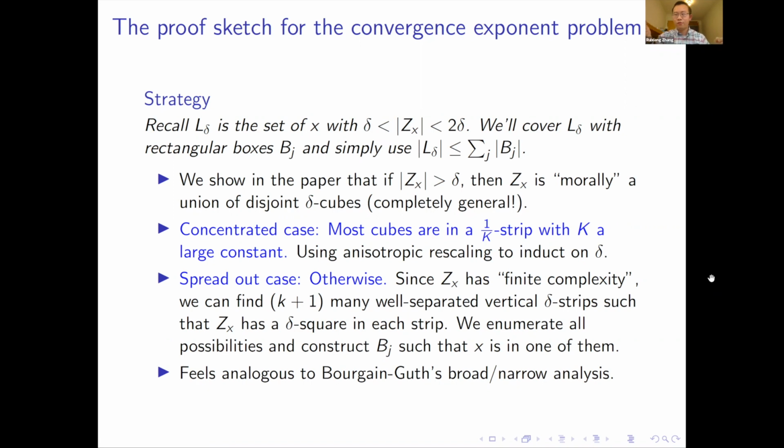And then on the Fourier side, the space will shrink. And I will just say that using this rescaling idea, we can close the concentrated case by induction. I wouldn't say too much about it. It's an induction on delta, because if you rescale the strip larger, then the stationary set will get larger. So it feels like a problem with smaller delta.